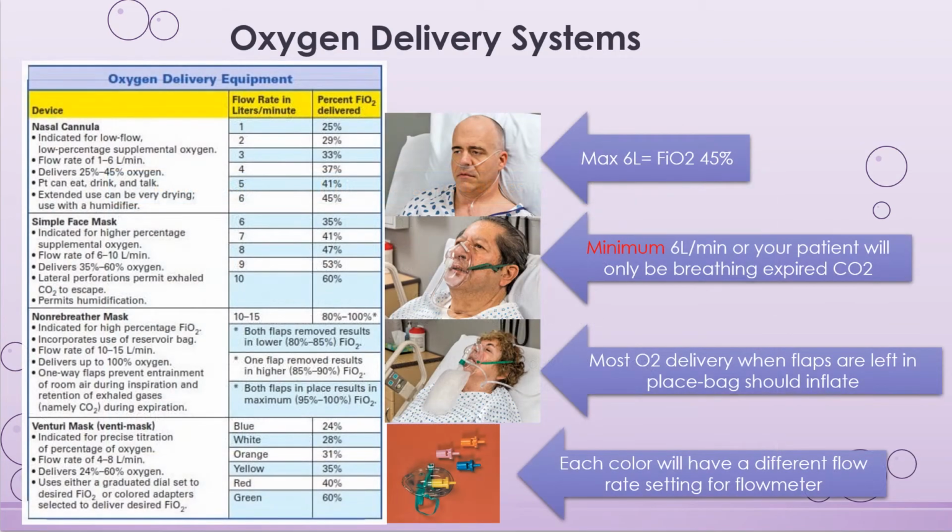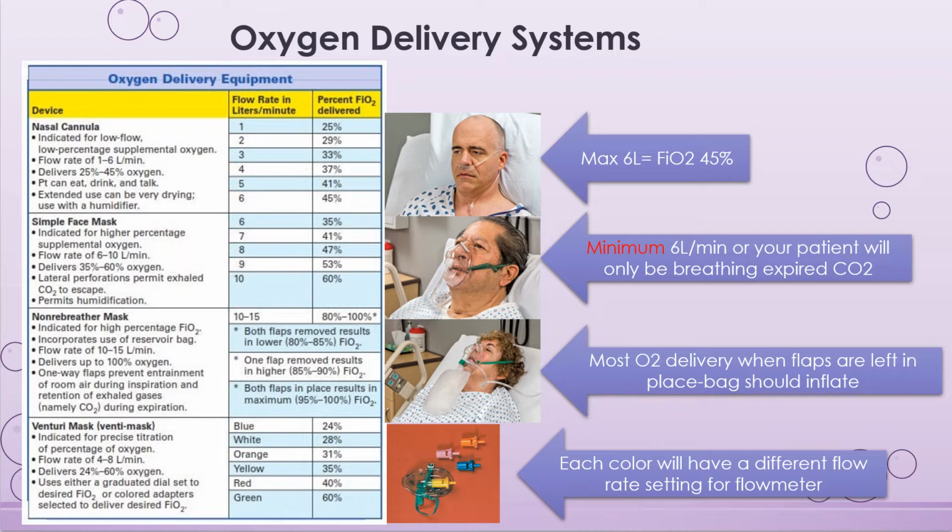All right. So oxygen delivery systems. Now I've been teaching this content for years now, and it never ceases to amaze me how little students know about delivery of oxygen. So if I want to deliver oxygen by nasal cannula, I should know roughly what percent FiO2 that means, right?